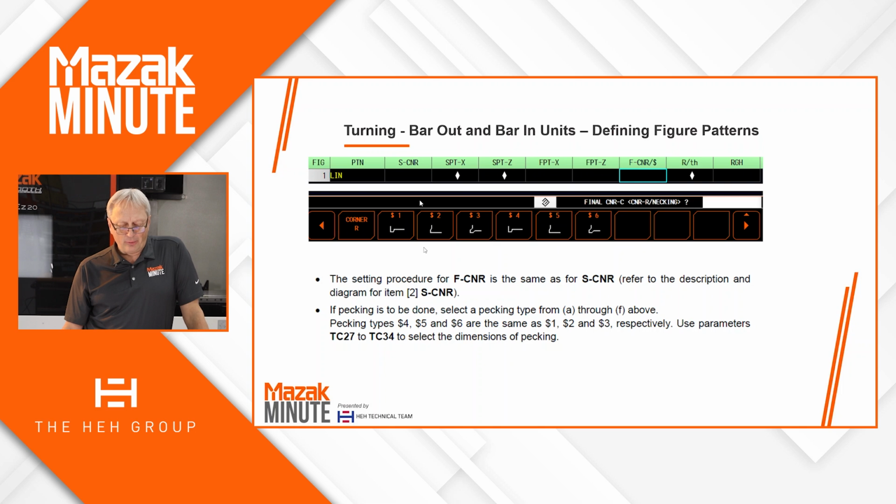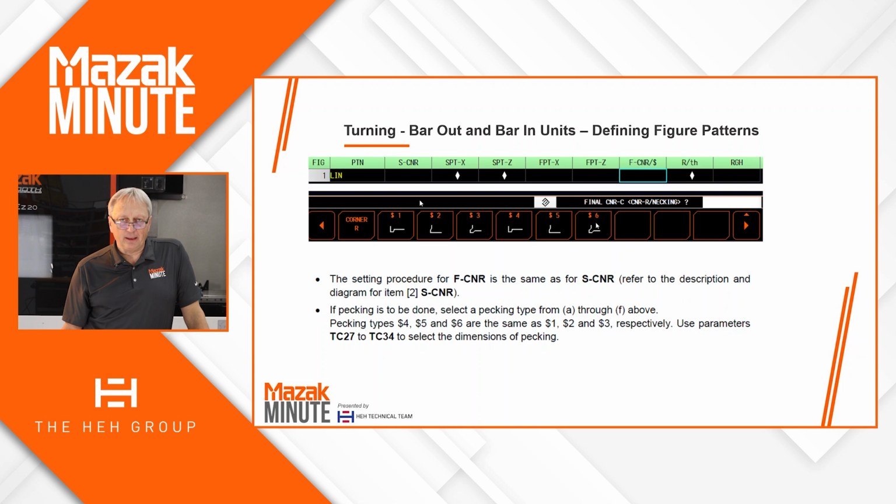What I'd like to point out is that $1 looks the same as $4. $2 is the undercut on the face of the part, which looks the same as $5. And finally, 3 and 6 look the same as well.